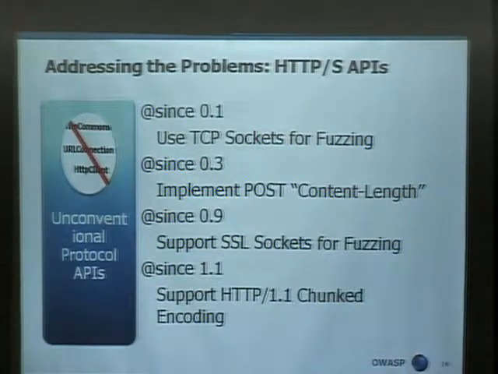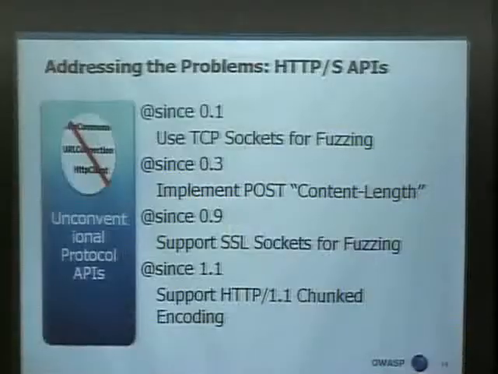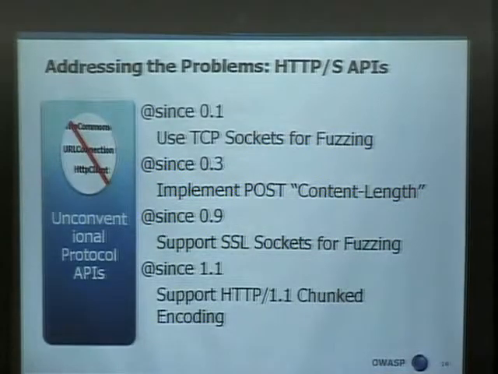You've got to take that into account, otherwise the request doesn't make it to the web server. And you've also got to look at things like chunked encoding, where you get things back from the server in little blocks or chunks. So again, this is much, much easier to do and actually implement through sockets.